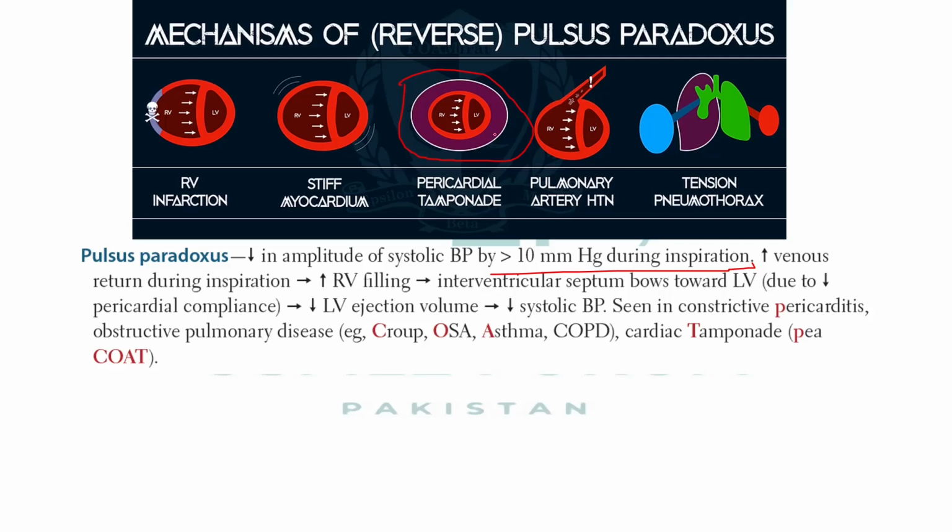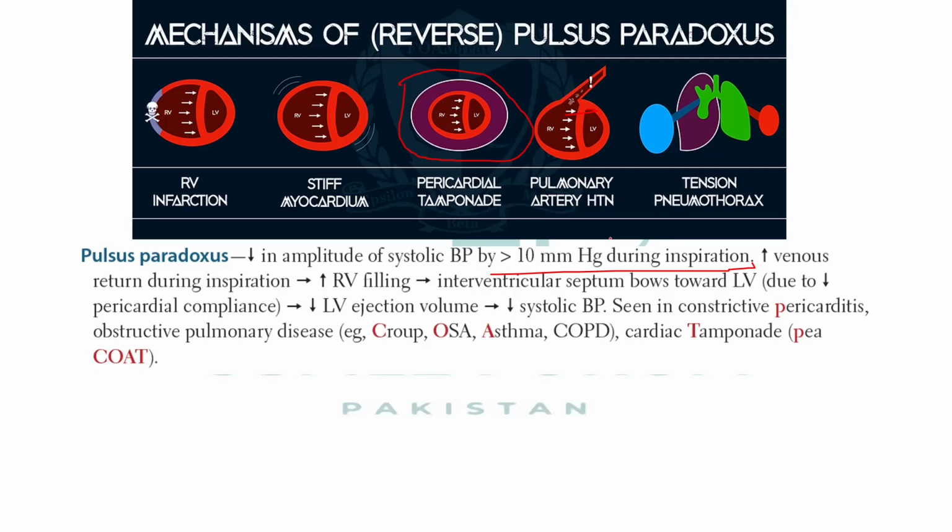If something is compressing the heart, instead of the right ventricle increasing in size harmoniously, it retains its contraction and starts to push the interventricular septum towards the left ventricle, decreasing its lumen. So the cardiac output decreases, and there is a difference in the pressure by about 10 millimeters of mercury.